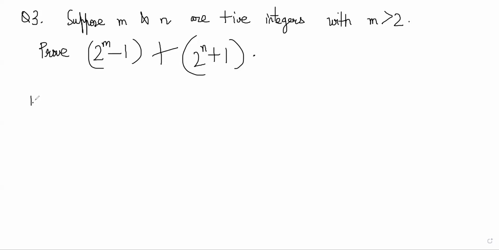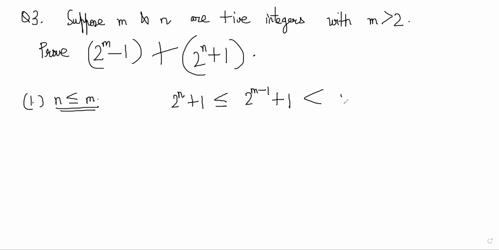So the first case is simple. If n is less than or equal to m, then you can easily realize that 2^n plus 1 will be less than or equal to 2^m minus 1 plus 1, because n is less than m, and which is less than 2^m minus 1, right?